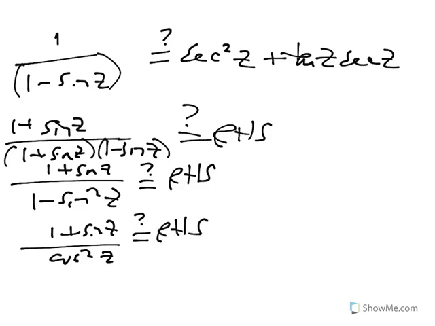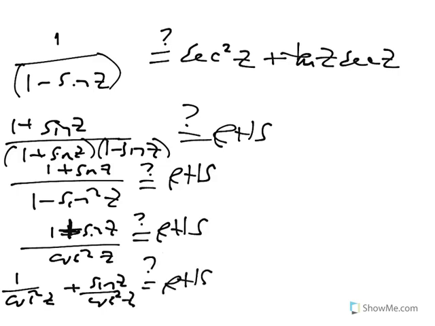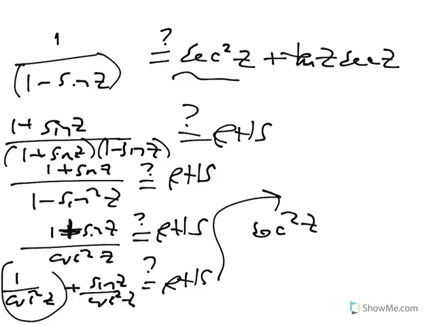Now this is resembling the first question where I have this fraction now. You see the plus is in the numerator. If the plus is in the numerator, 1 over cosine squared z plus sine z over cosine squared z. Start looking to the right and I see already this 1 over cosine squared can turn into secant squared z.